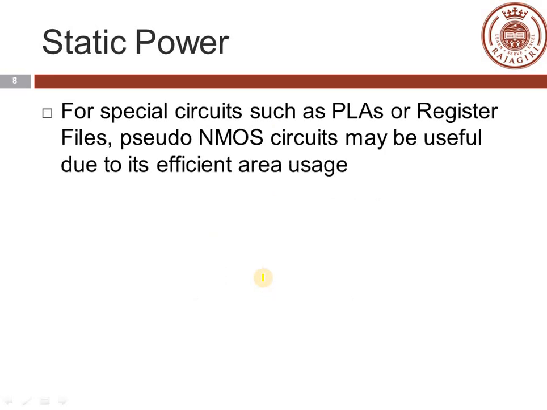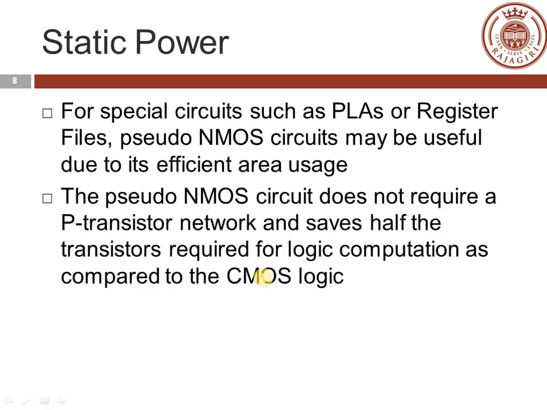For special circuits such as PLAs, that is programmable logic arrays, or register files, pseudo-NMOS circuits may be useful due to efficient area usage. The pseudo-NMOS circuit does not require a P transistor network and saves half the transistors required for logic computation as compared to CMOS logic.